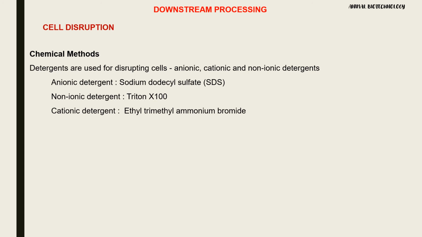These detergents act on membrane phospholipids. Care should be taken that the toxic substance residues are not retained in the products. In many cell disruption processes, combination of mechanical and chemical methods are utilized. In mammalian cell cultures, generally enzymatic cell disruption is not required as these cells lack cell wall.